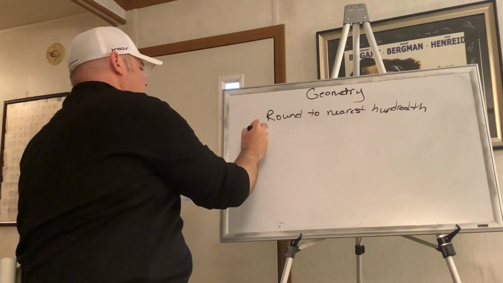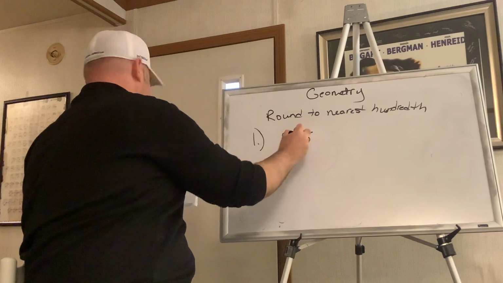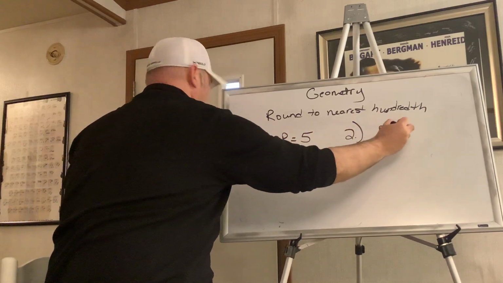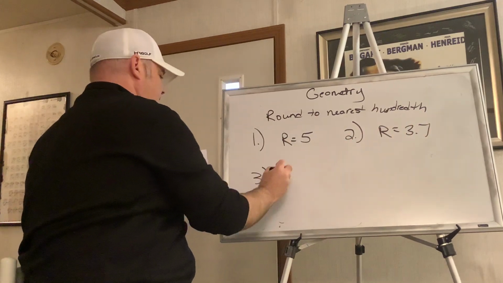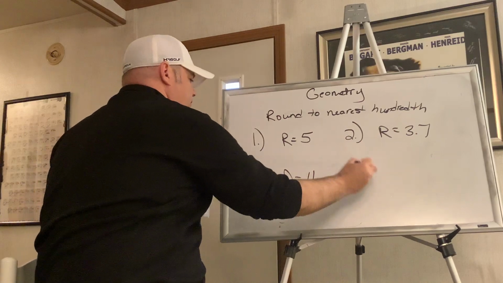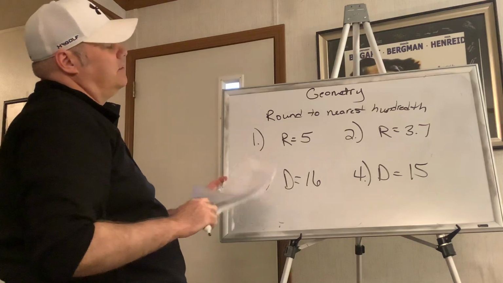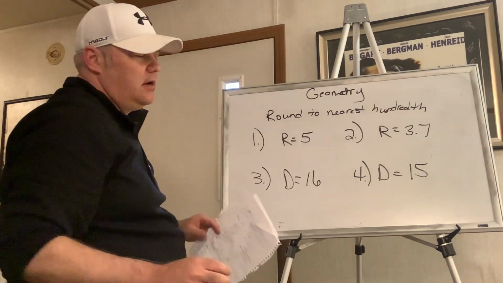Okay, so this one's going to have a radius of 5. This one's going to have a radius of 3.7. Number 3 is going to have a diameter, so make sure you do some work first, of 16. And number 4 is going to have a diameter of 15. Okay, so do those 4 problems, check and see if you're doing them right, and we'll go from there.